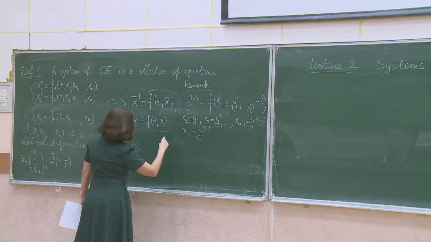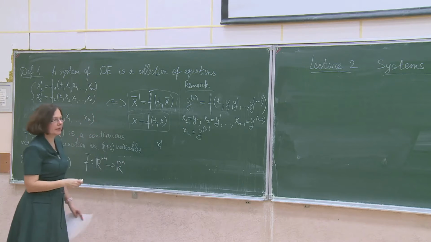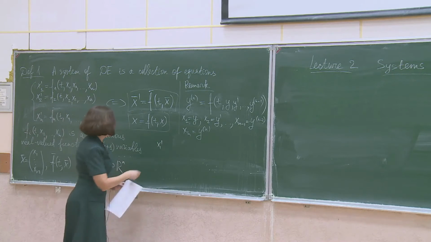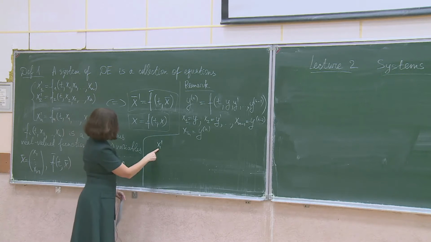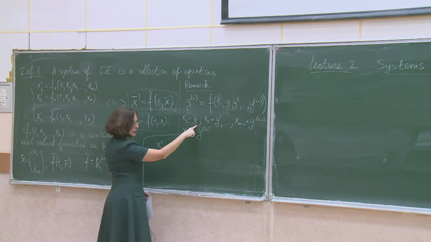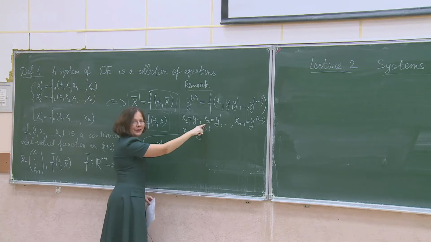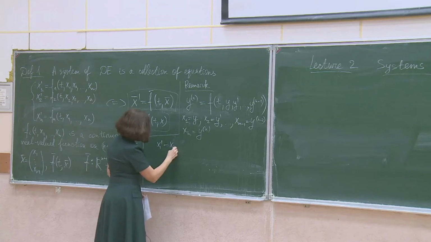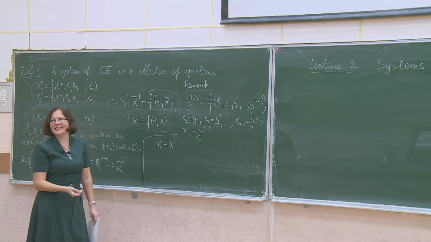So we can see that x1 prime, what is x1 prime? Look at this notation. So x1 prime is equal to y prime, but y prime is x2. So it is equal to x2. This will be the first equation.